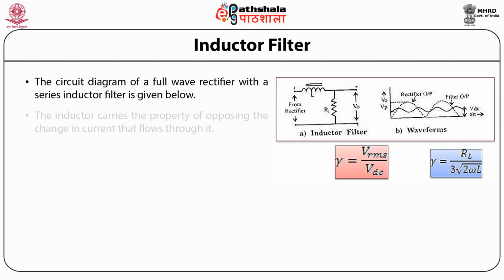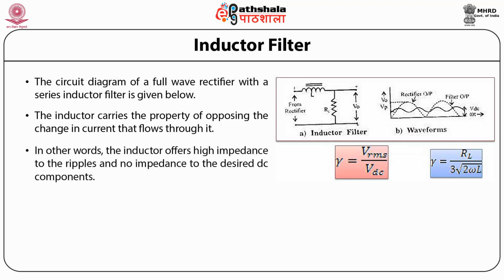Here the inductor carries the property of opposing the change in current that flows through it. In other words, the inductor offers high impedance to the ripples and no impedance to the desired DC components. Thus, the ripple components will be eliminated.